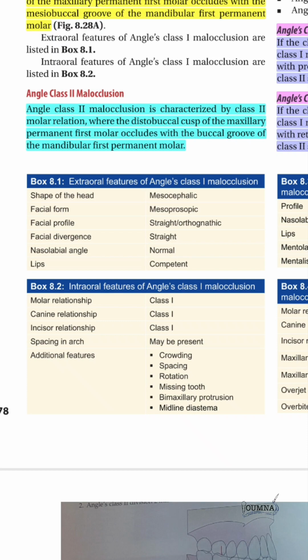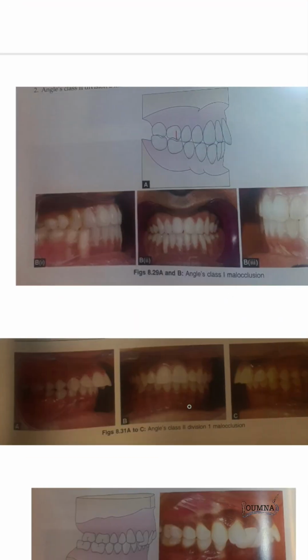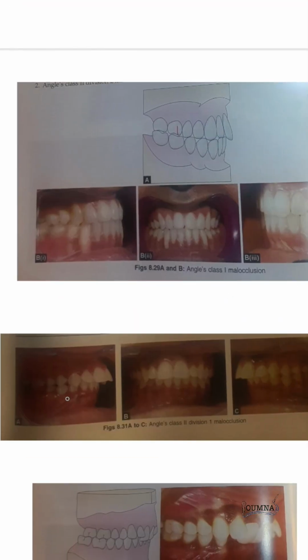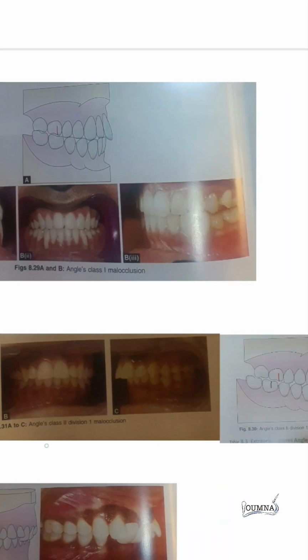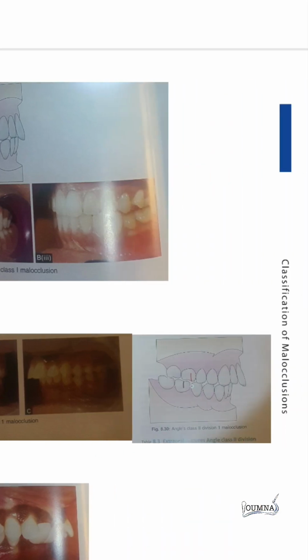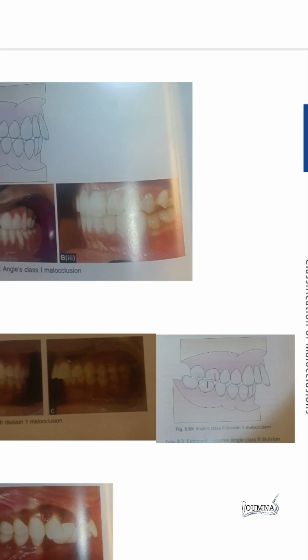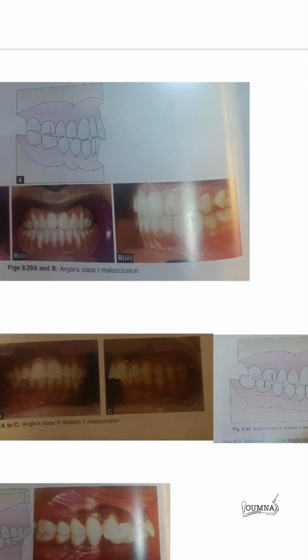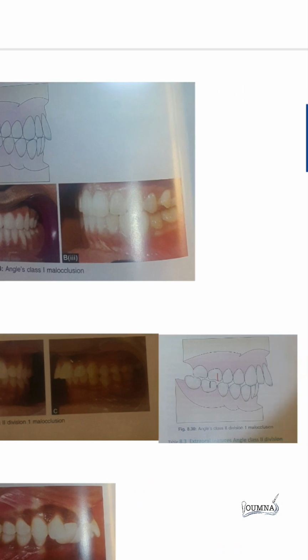Now the distal buccal cusp is occluding with the mesiobuccal groove, and we know that class 2 has two subdivisions.